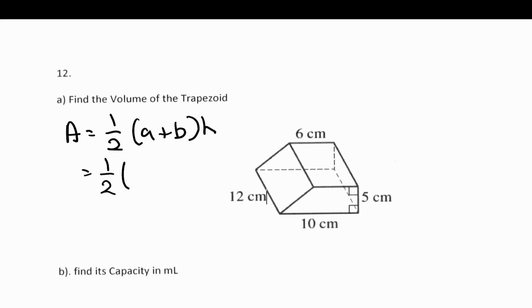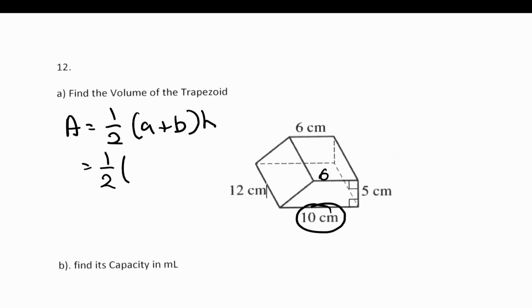So we're given a first side of 10. We're given the other side is 6. It's just not written there, but we can see it's the same. So it is 10 plus 6, times a height, which is over here. It's 5 centimeters.